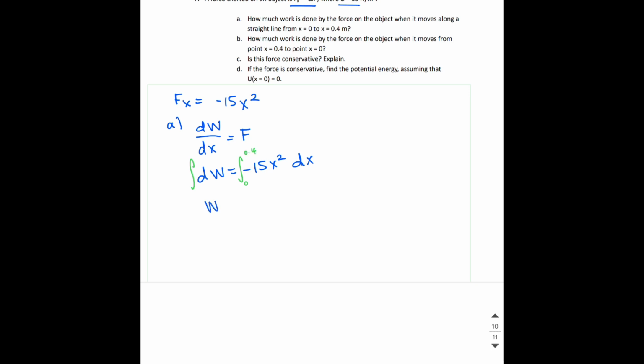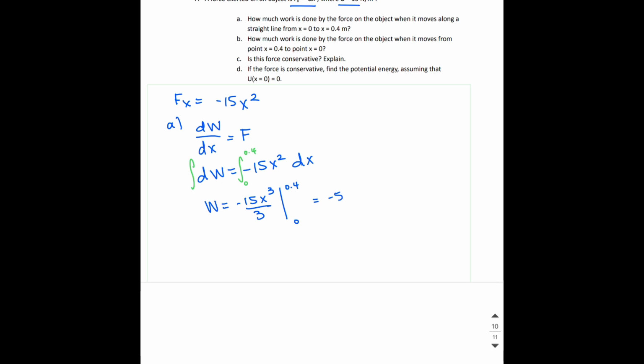So work is equal to negative 15x cubed over 3 from 0.4 to 0. And then when I plug in those values, I'm going to get negative 15, or that should be negative 5 if I simplify.